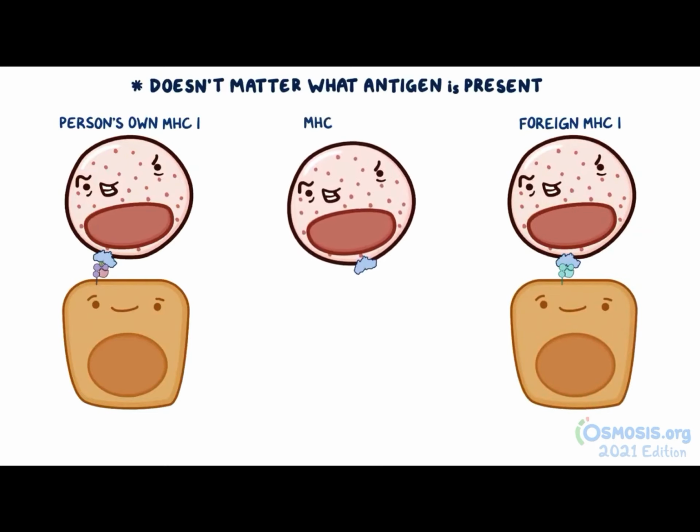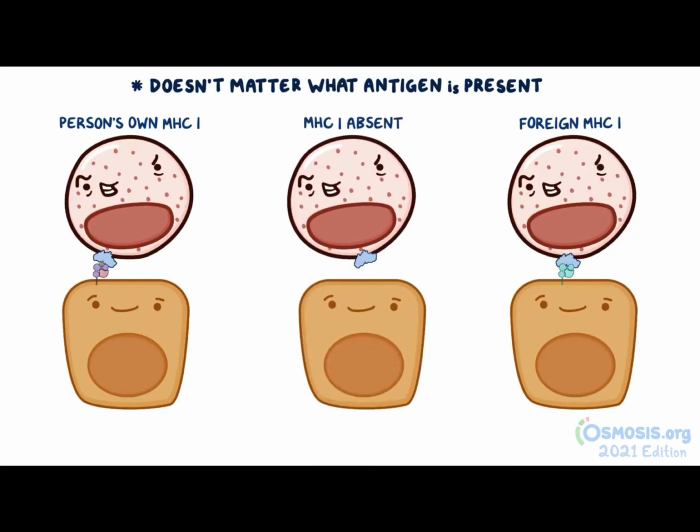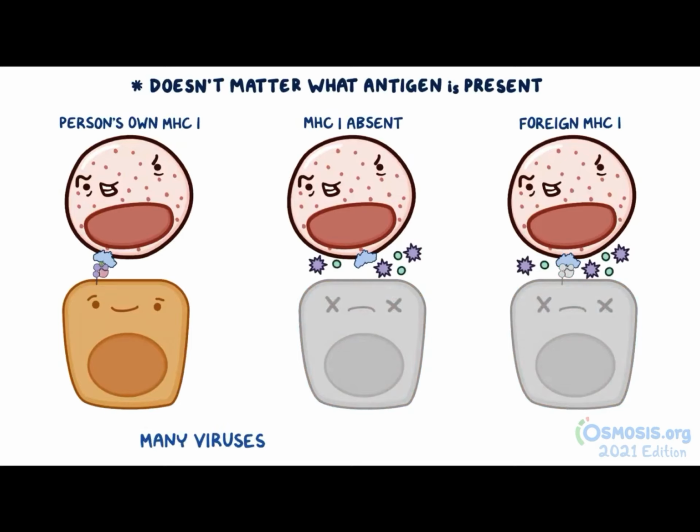So if the MHC class I molecule is absent, or if it's foreign, like in organ transplantation, then the natural killer cell will kill the target cell. This works because many viruses try to hide from our immune responses by making their host cells decrease expression of MHC class I molecule, which would normally present viral antigens, leaving them susceptible to killing by cytotoxic T cells. So if there's a cell that doesn't have an MHC class I molecule, then a natural killer cell will kill it.